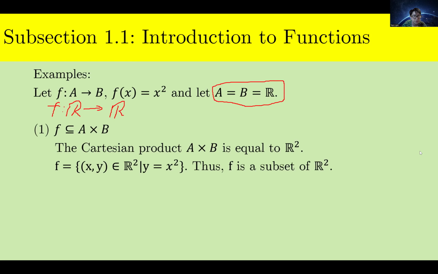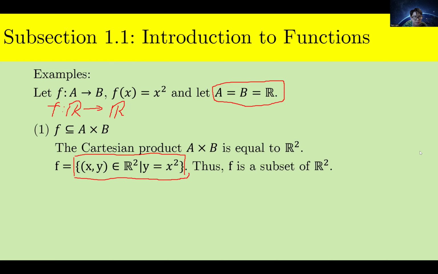For the first condition, f is a subset of A times B. The Cartesian product A times B is equal to R squared. So f is the set of (x, y) in R squared such that y equals x squared. This is just the ordered pairs of f, so f is a subset of R squared.